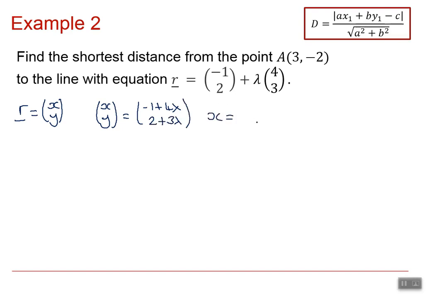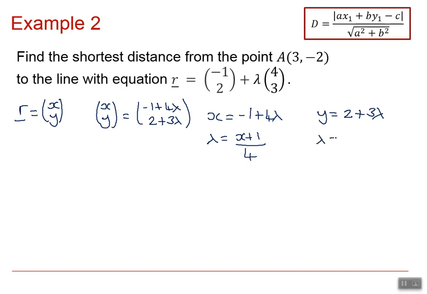If you remember from previous videos, the aim here is to write lambda in terms of x and y, and then we can set them equal to each other. So if we rearrange this equation here, we get lambda equals (x plus 1) over 4.